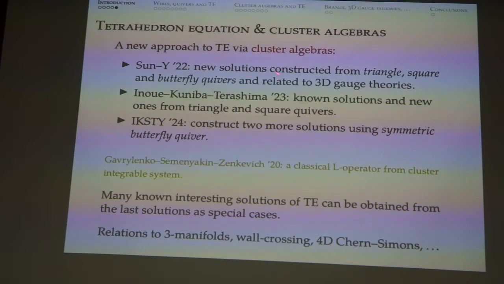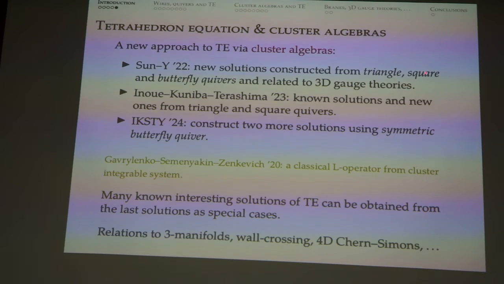We constructed new solutions of the tetrahedron equation using something we call triangle, square, and butterfly quivers, and interpreted these solutions using three-dimensional gauge theories. More precisely, these solutions can be identified with the partition functions of three-dimensional N=2 supersymmetric gauge theories on the squashed three-sphere. And this approach was further developed by Inoue-san, Kuniba-san, and Terashima-san. They wrote 2 very nice papers last year.